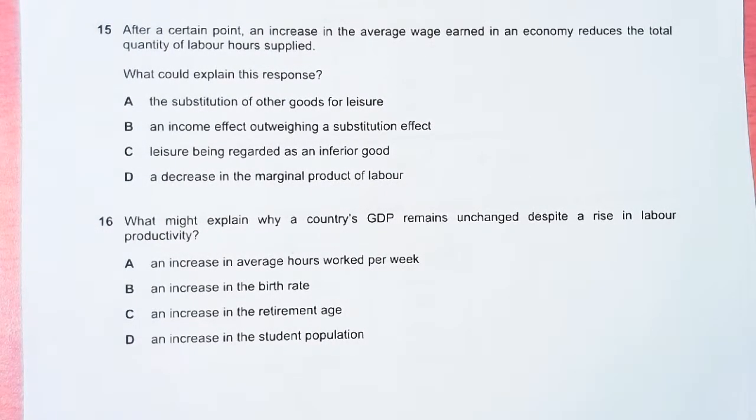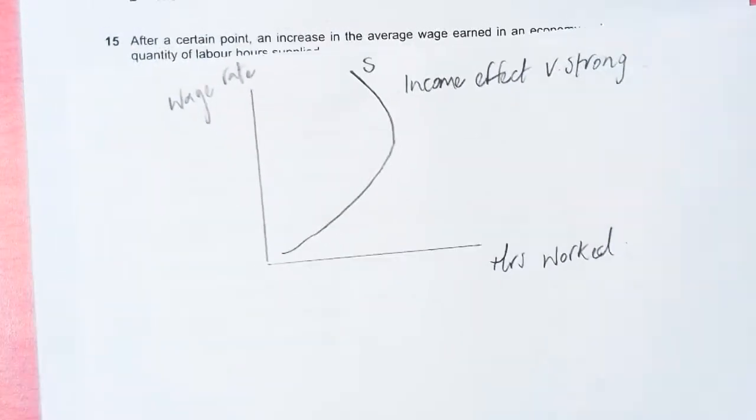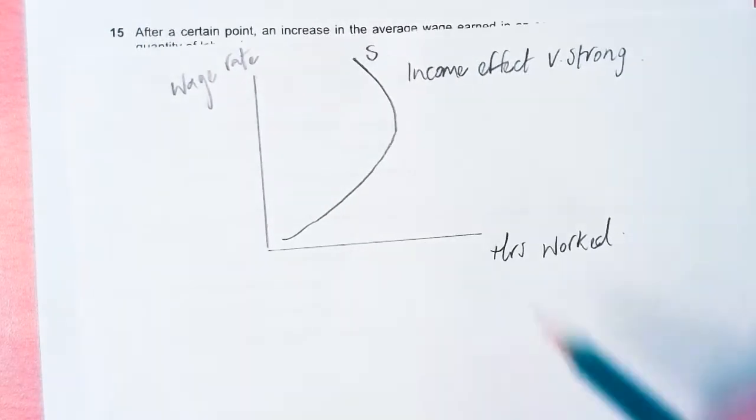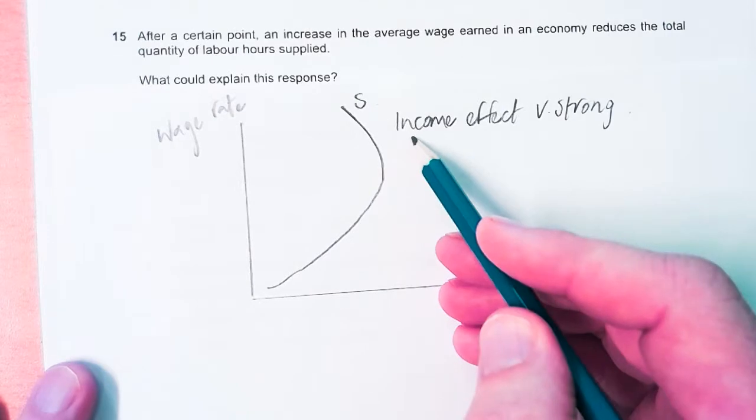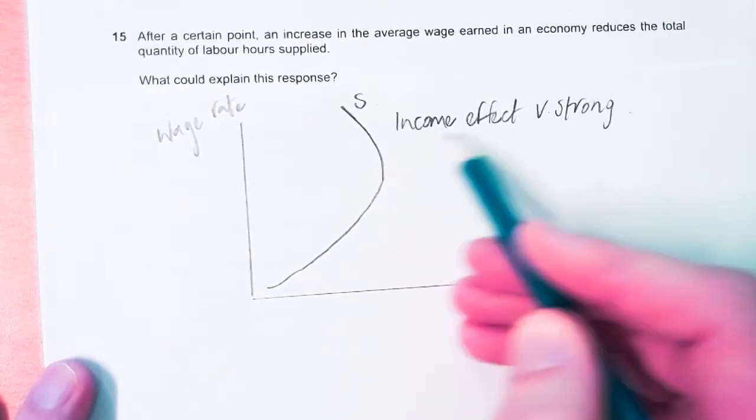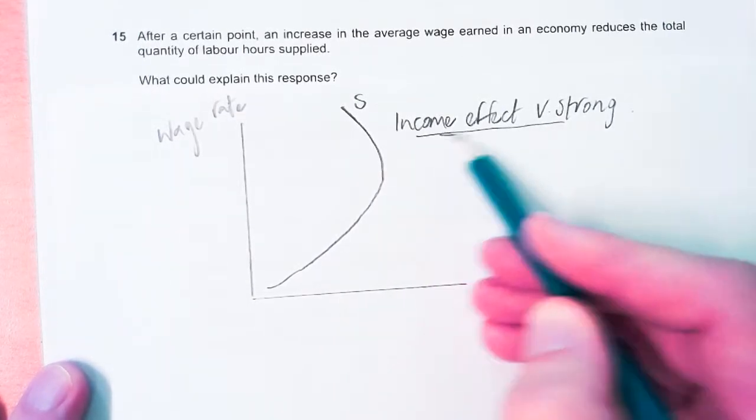If I just draw this out quickly, the fact that labour can often be considered to be an inferior good, that people don't really want to consume it, but as they consume more of it, they're likely to actually want more leisure time. Up here, I've put down that the income effect becomes very, very strong.